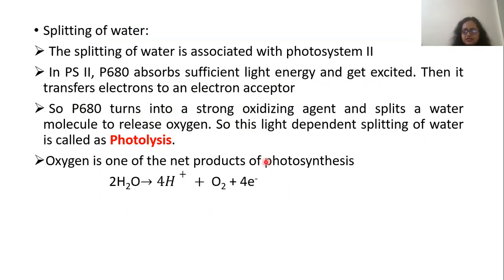This is the reaction step of photolysis: 2 water molecules release 4 H plus, 1 molecule of oxygen and 4 electrons. This oxygen, as we will study in the final reaction of photosynthesis, is released, and carbohydrate is synthesized. So that oxygen comes from this step.